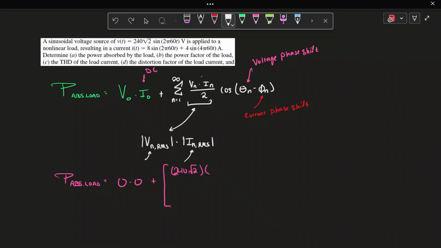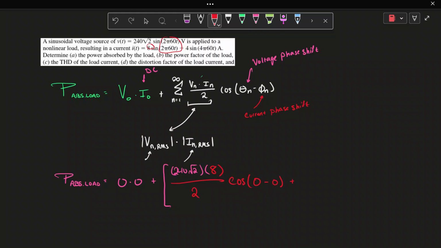So the magnitude for the harmonic that we're looking for is this one, so this is 8 divided by 2. You cannot forget this divided by 2. Then also don't forget the cosine of the angle between them. In this case, the phase angle for the first harmonic of the voltage is 0 minus the phase shift of the current's first harmonic, which is 0.